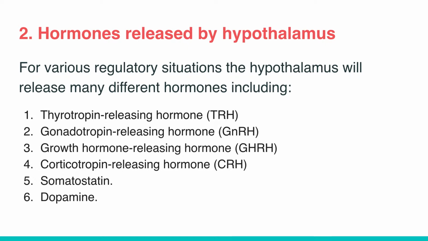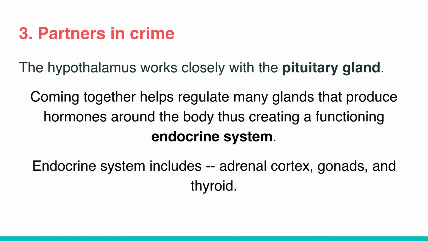Not a lot of those are very common, except for dopamine. A lot of people know that as the happy hormone. It makes you feel good, like you release dopamine after working out and after something really positive happens. So it's a really important part of homeostasis and keeping your overall mentality up.